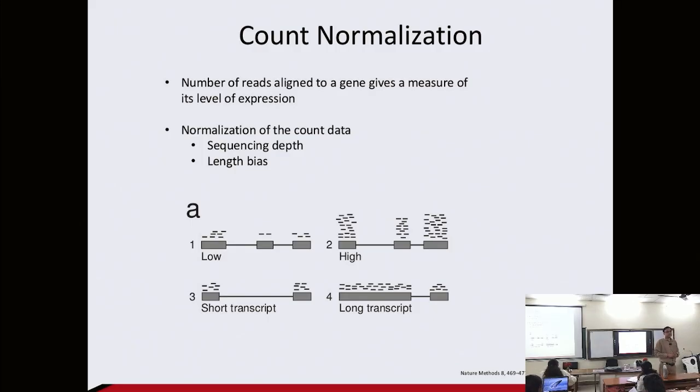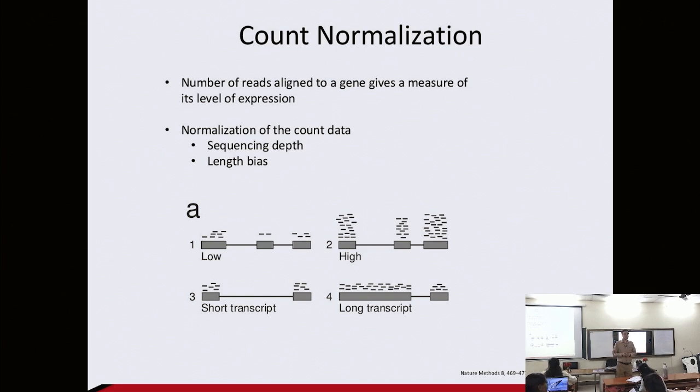For example, you have a sample that generated 100 million reads. Okay, and the other sample might have been sequenced 10 times more than that. So because of the depth of sequencing, there would be a difference in the counts.